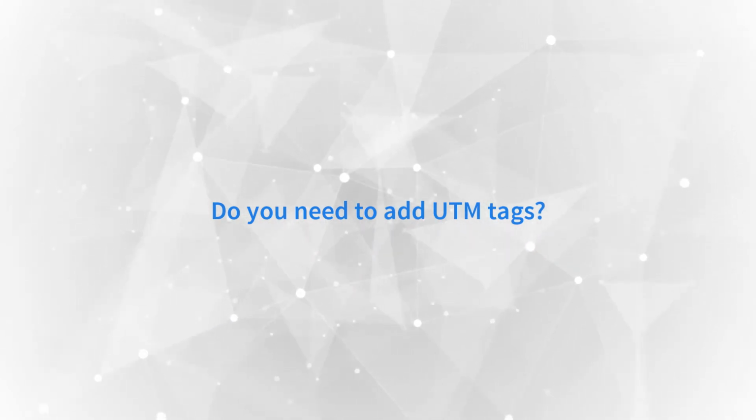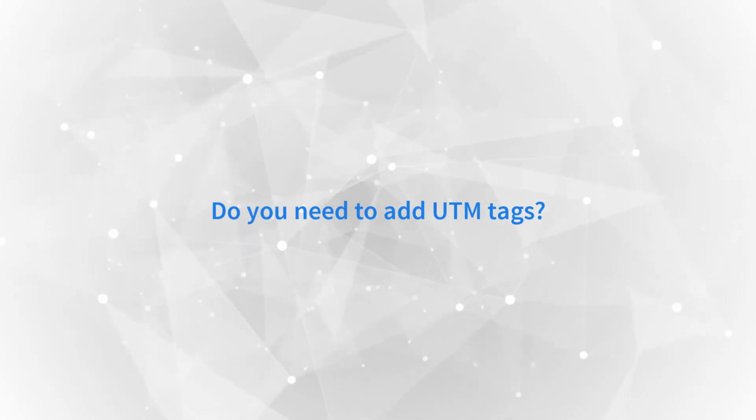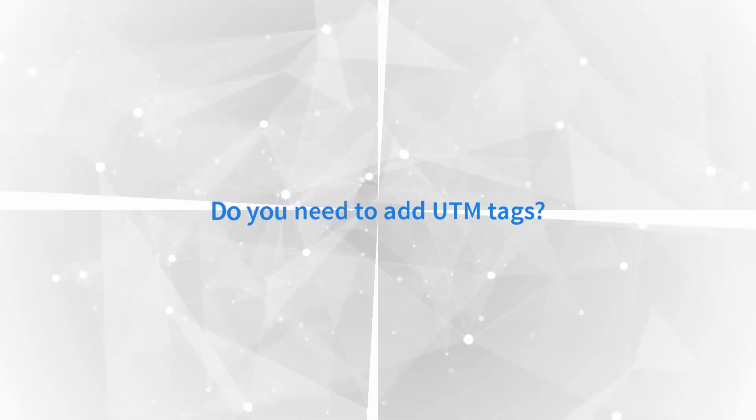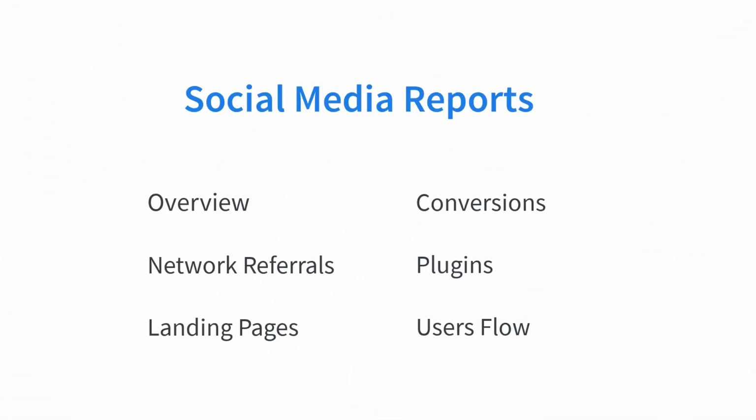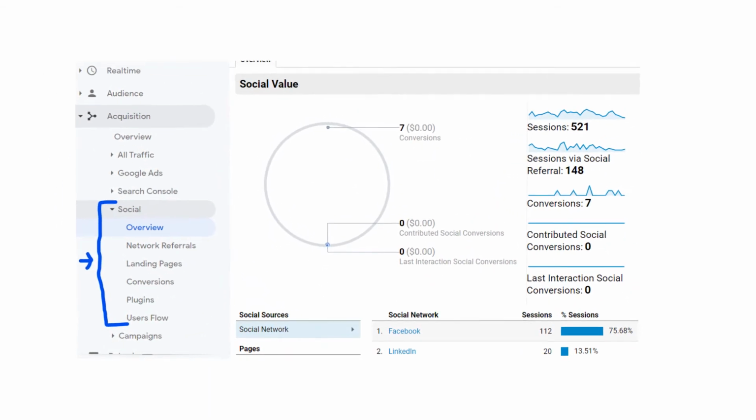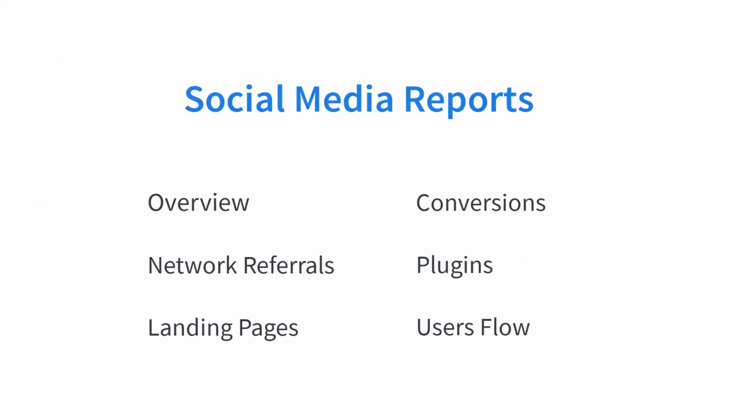And speaking of reports, let's discuss where you can view social data in Google Analytics. So there is a slew of social media reports under acquisition and then social. So we'll walk through these various reports and the primary benefits of each. The overview report gives you an at-a-glance recap of how social efforts contribute to the overall performance of the website.